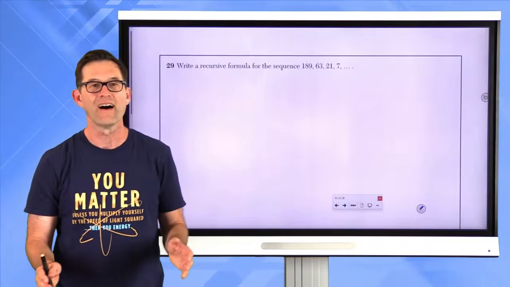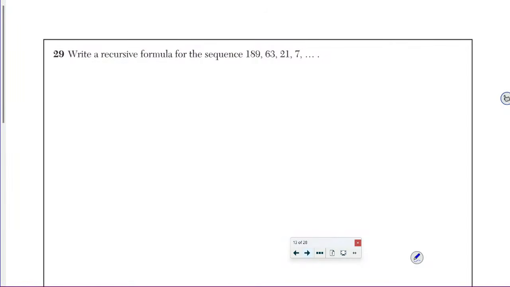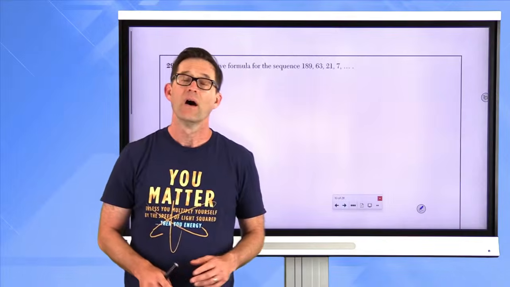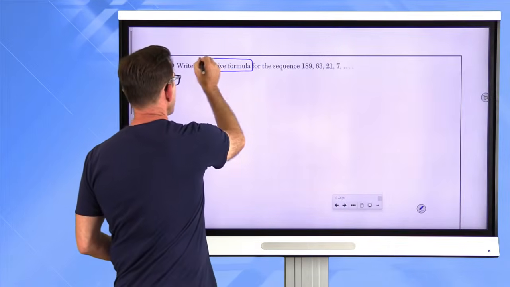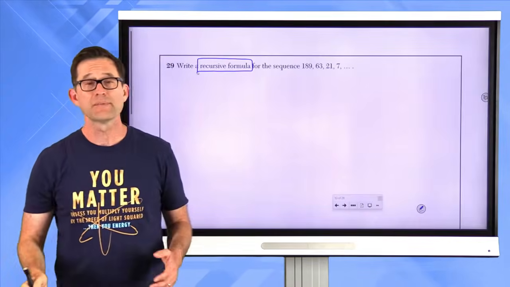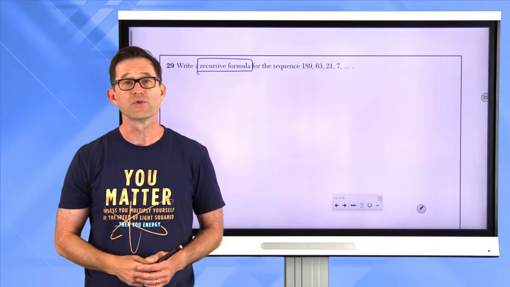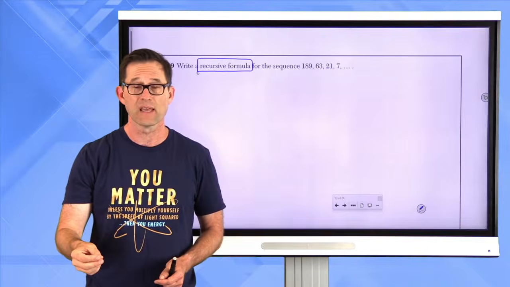All right, let's see what's next. Okay, 29. Write a recursive formula for the sequence 189, 63, 21, 7. All right, now this is really critical. A recursive formula. There are two types of formulas that we use when we describe sequences in math.